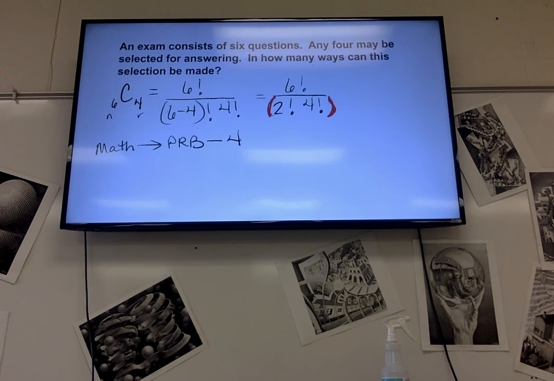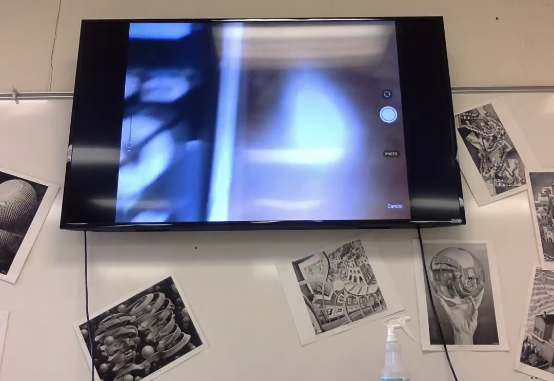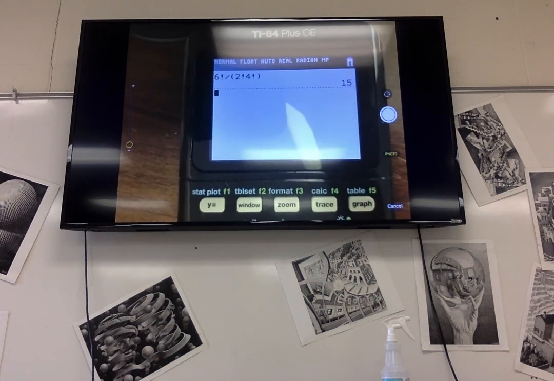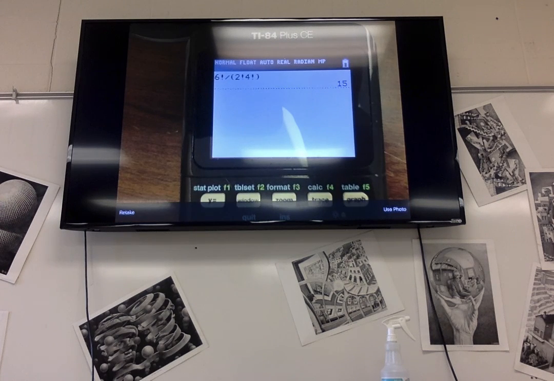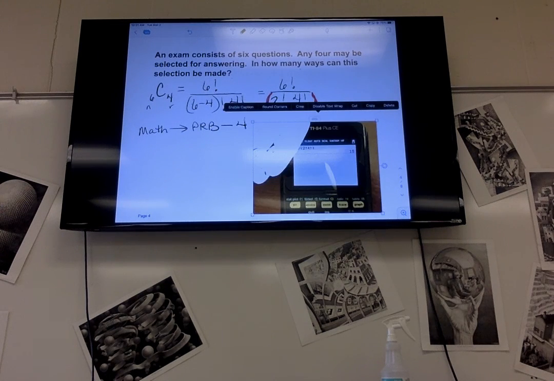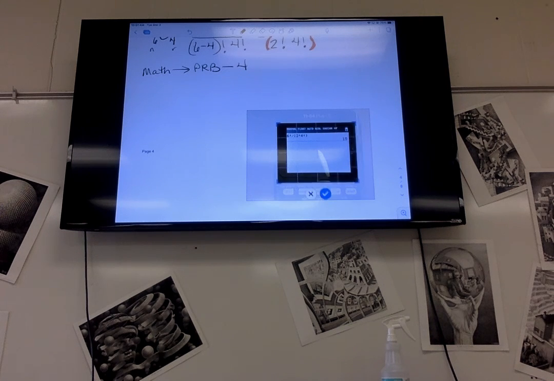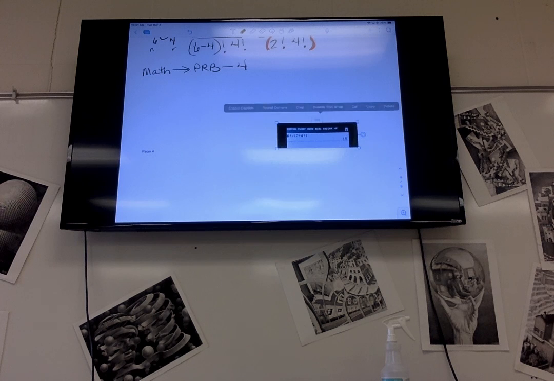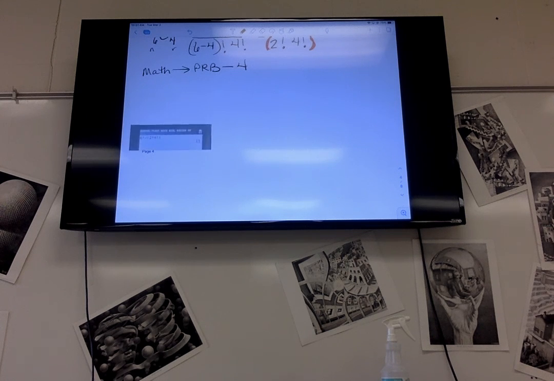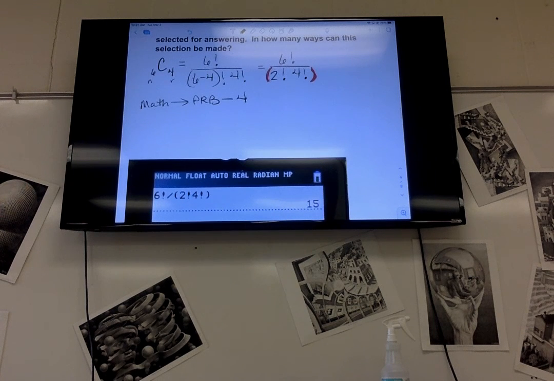Take a picture of it so I have it here. So there's what it looks like plugging it into your calculator.